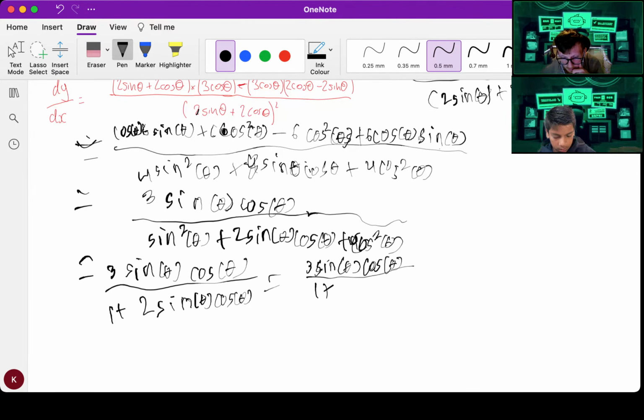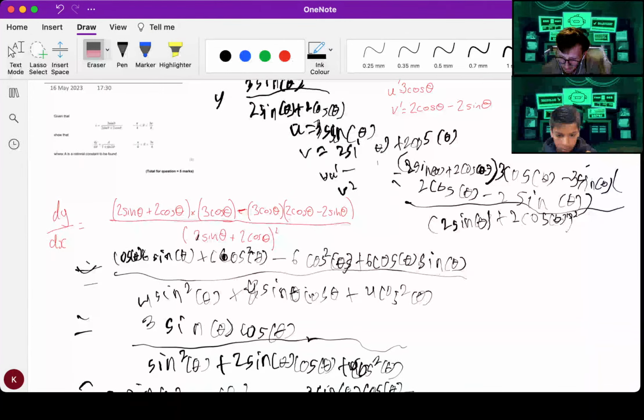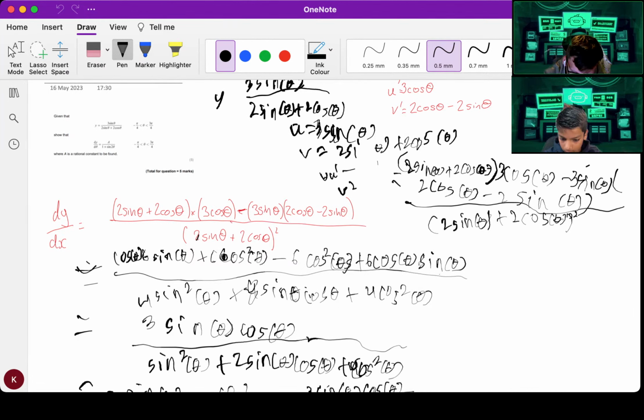Oh, Cordelia, I've made a mistake. When I copied your working out, this is my fault. Here, I've put u prime in there, not u. It should be 3 sine theta. That is my fault. I do apologise.